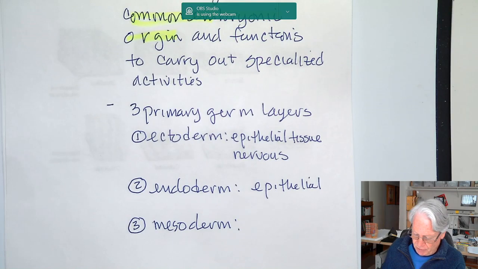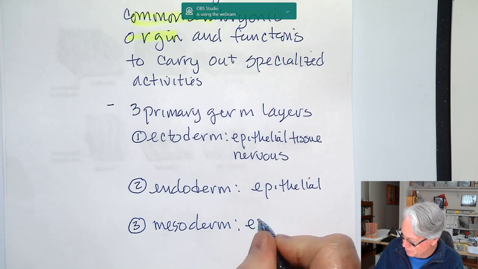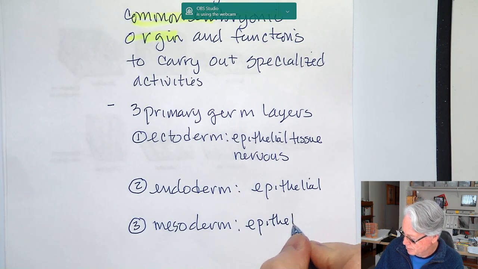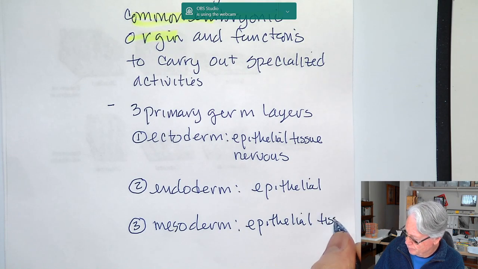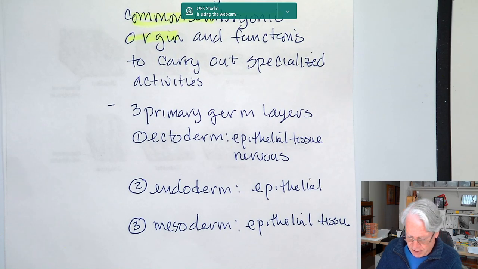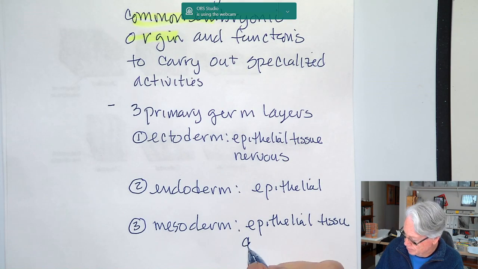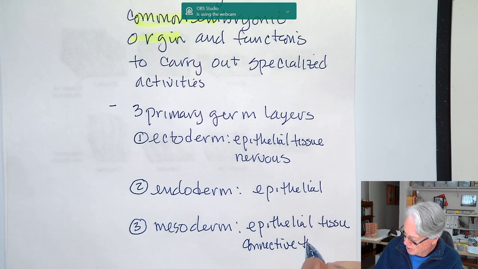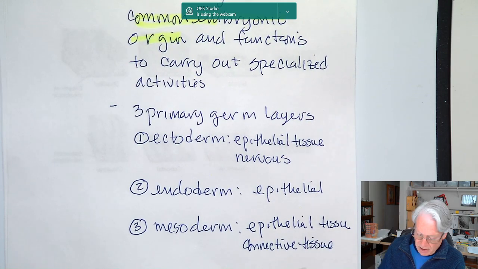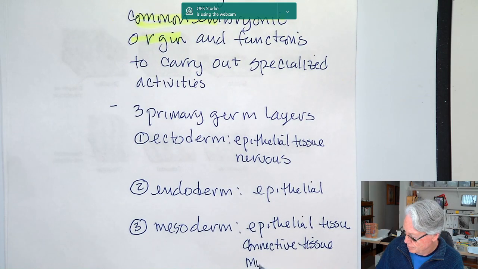And this is going to give rise to epithelial tissue and connective tissue and muscle tissue.